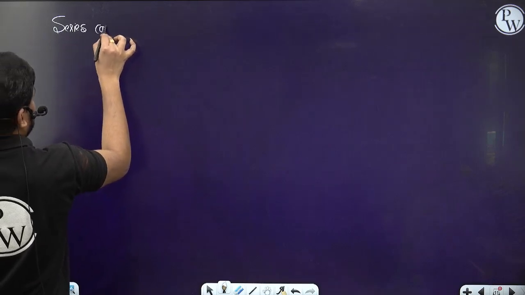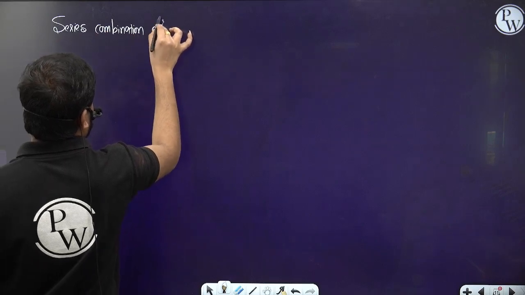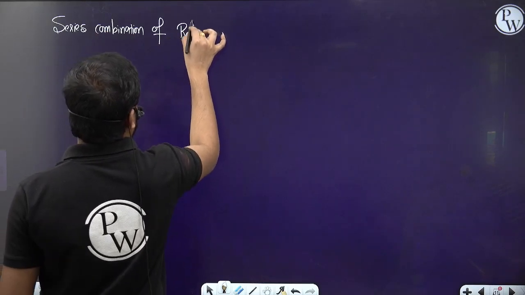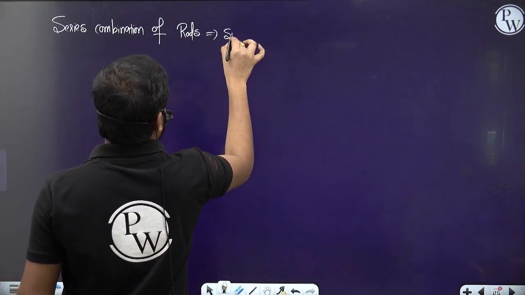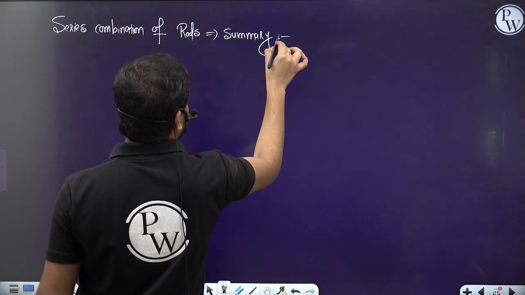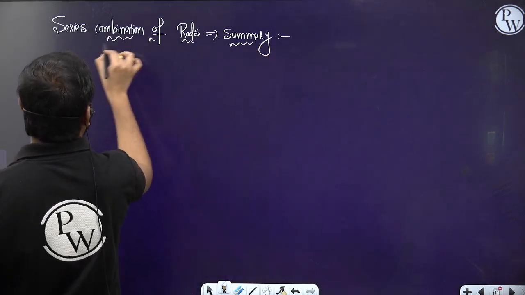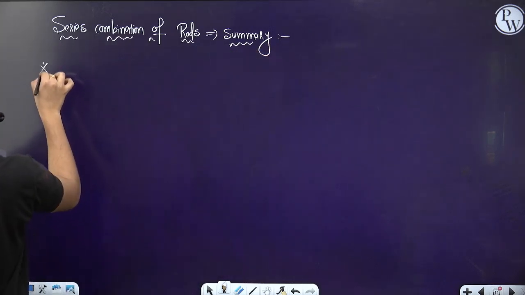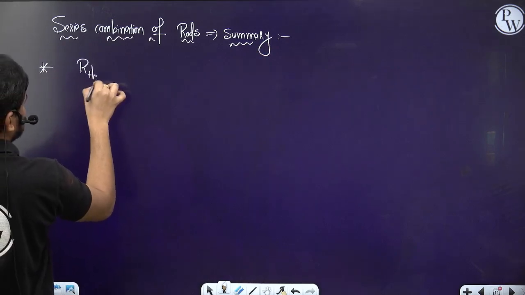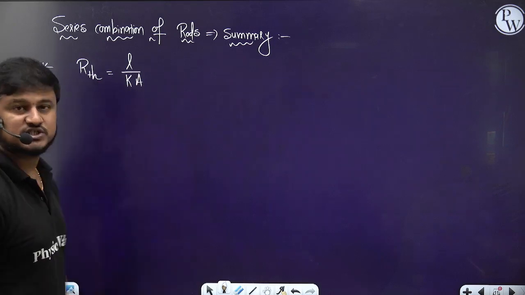First we have to remember the thermal resistance: RTH is equal to L by KA. This is the main formula you have to remember first.